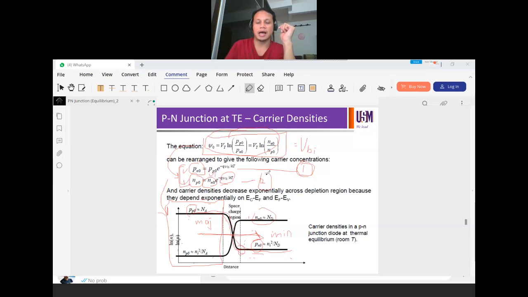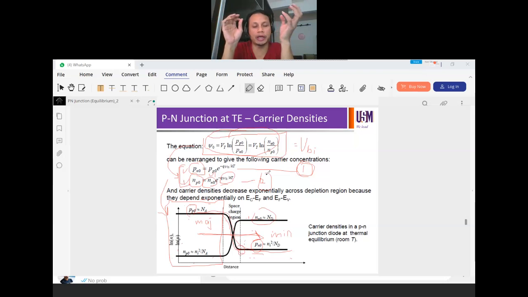So there are two things. One is majority and minority before it diffuses within the material, either p-type or n-type. Second, the equation in the middle earlier, the one with the exponential, is for the diffusion process. So the majority here, the moment it diffuses, will form minority carrier on the other side as well. The equation you need to use to determine the concentration of the diffused hole is the exponential equation. So two different things, okay?